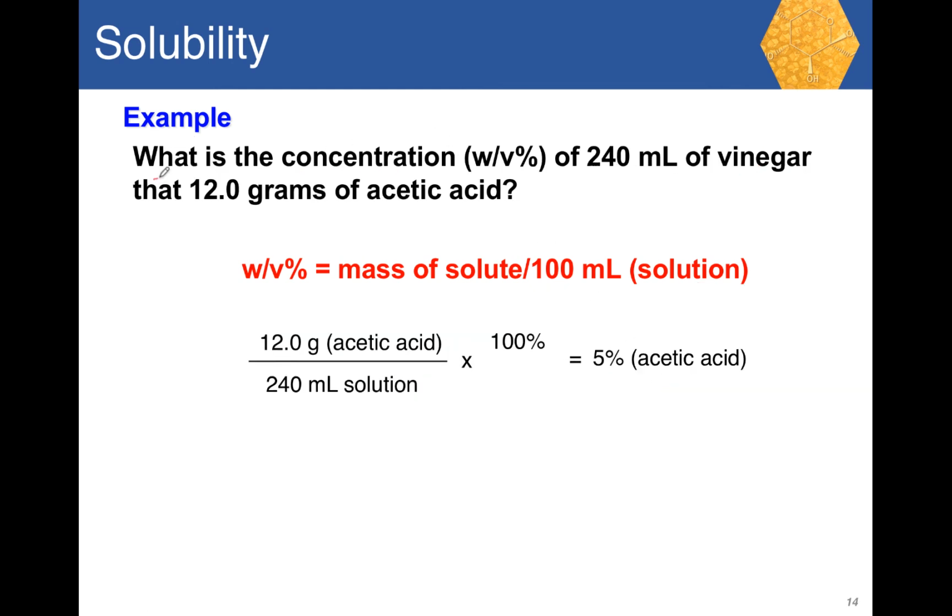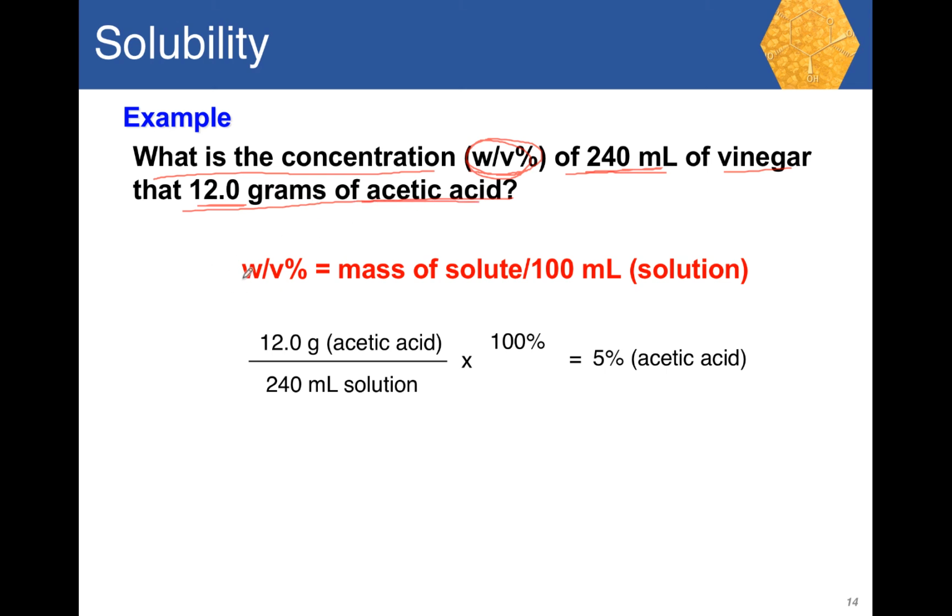What is the concentration of 240 mils of vinegar that contains 12 grams of acetic acid? So let me say it again. What is the concentration in weight volume, specific concentration here, of 240 milliliters of vinegar that contains 12 grams of acetic acid?